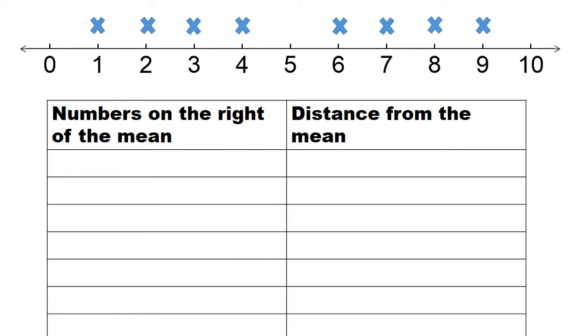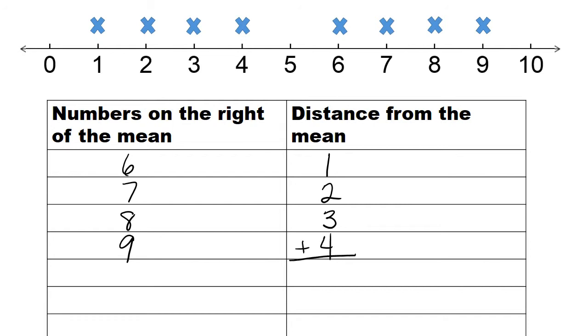Now let's take a look at the numbers on the right of the mean. These numbers are 6, 7, 8, and 9, and the distance from the mean: 6 is 1 away, 7 is 2 units, 8 is 3 units away, and 9 is 4 units away.